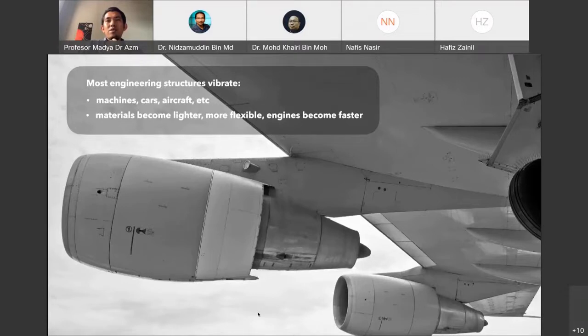We have high-speed engines now, and materials are becoming lighter and lighter, but strong. But the combination of high-speed engines, high-power engines, and light materials will always cause vibrations. So this is still a challenging problem for many structural engineers.